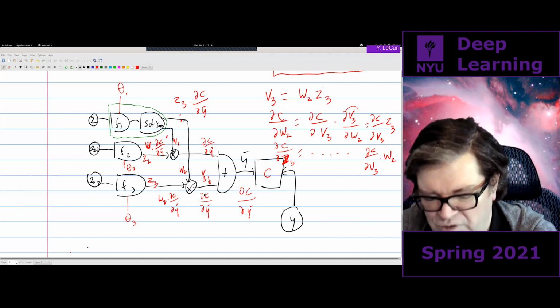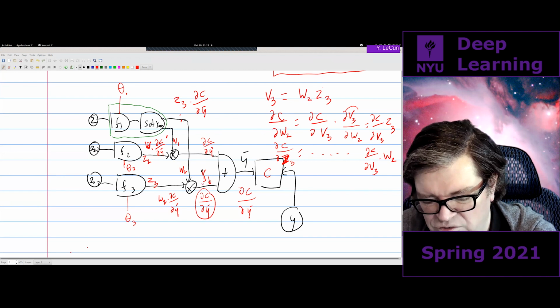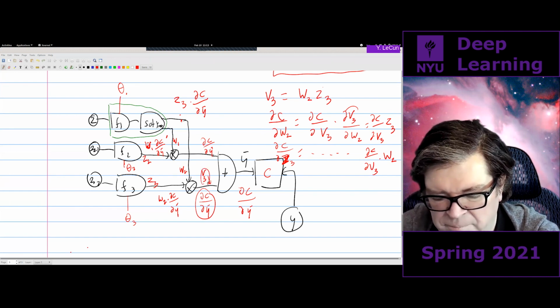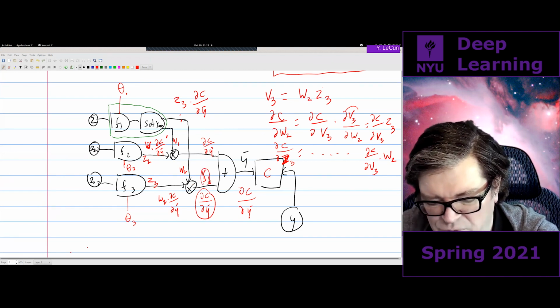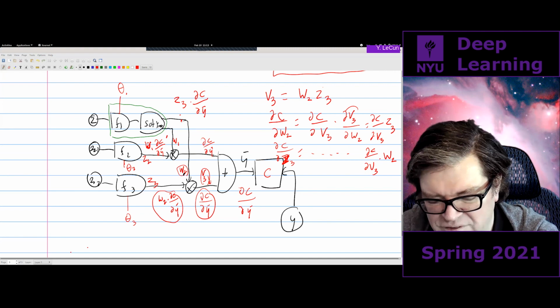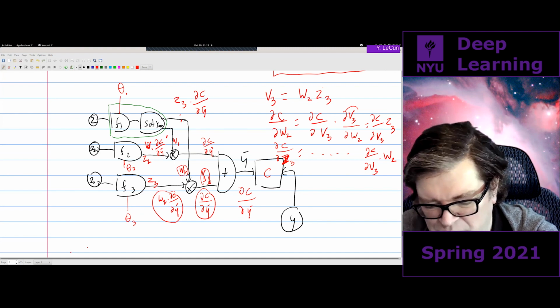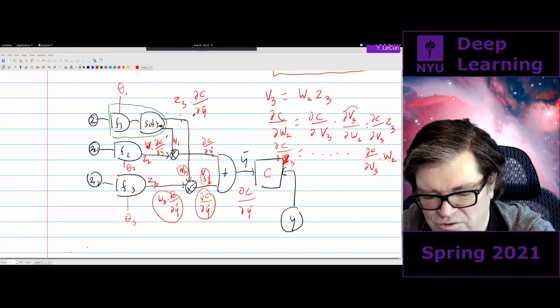So if I have a gradient here, which is dc over dv3, when I backpropagate through this product, in this branch I get the product of this gradient by this weight. And when I backpropagate through this branch, I get the product of this gradient by this value, which is that.